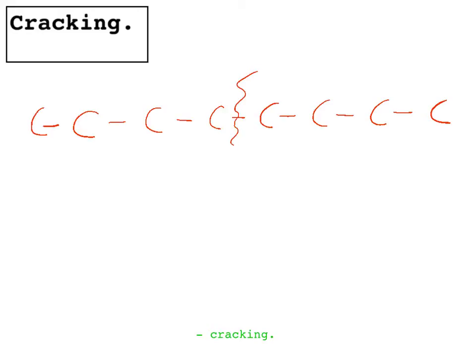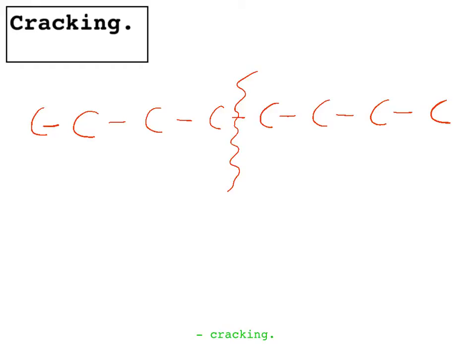During fractional distillation, we separate out the hydrocarbons that are in crude oil. And the vast majority of them are long-chain hydrocarbons, very long-chain hydrocarbons, much longer than what I've drawn there. Cracking is basically the process in which we break a carbon-carbon covalent bond to create two different compounds.